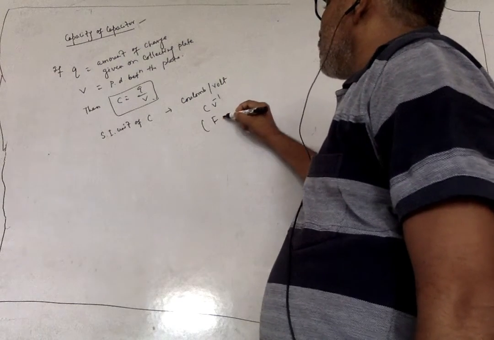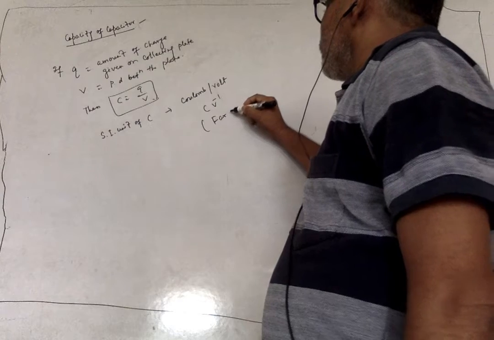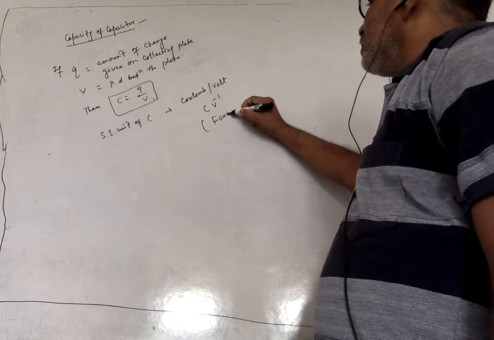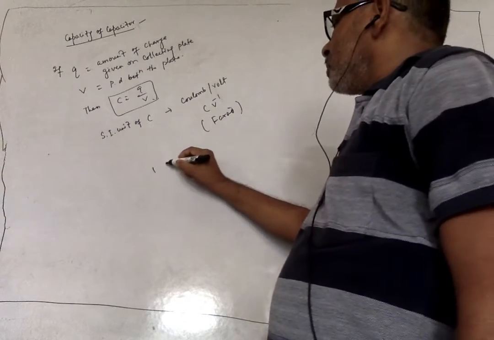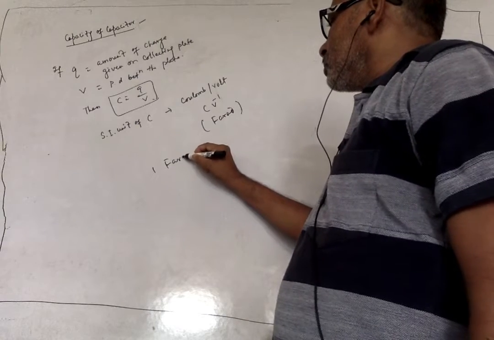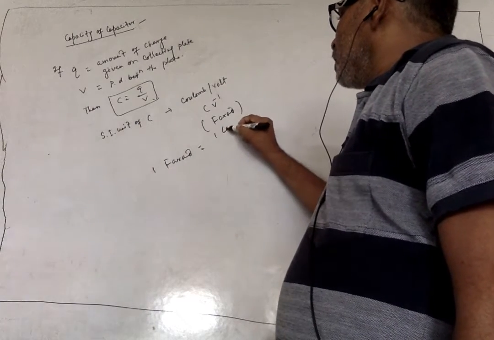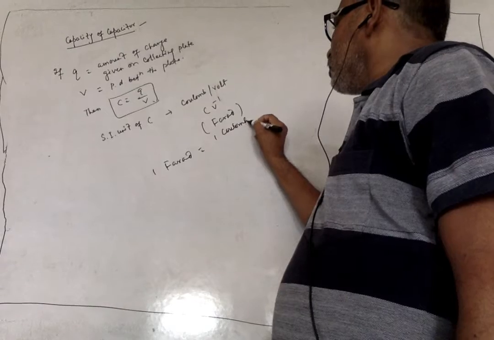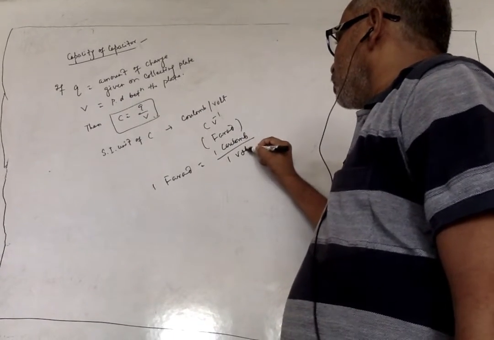It is also called, in honor of the scientist, the farad. That is, 1 farad equals 1 coulomb by 1 volt.